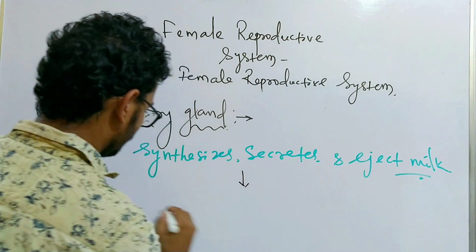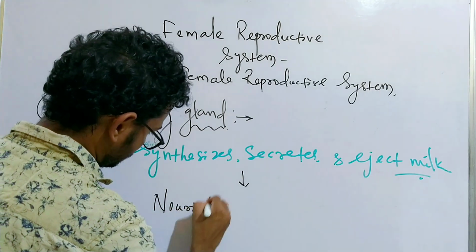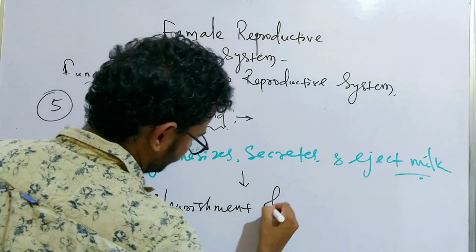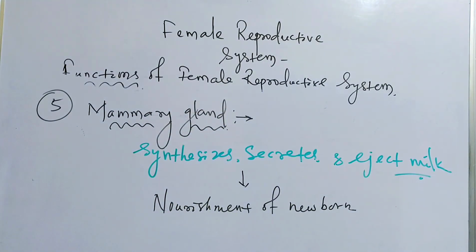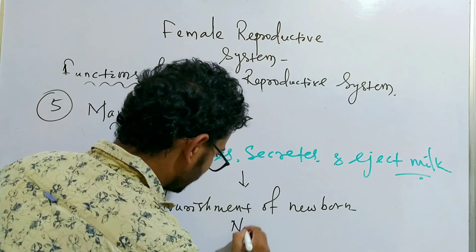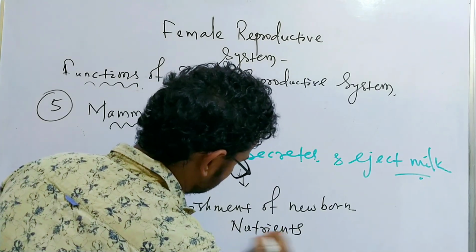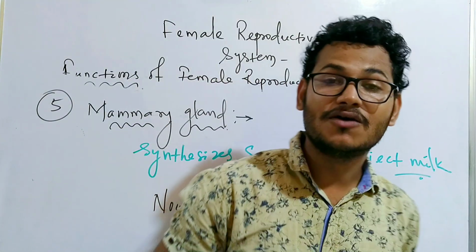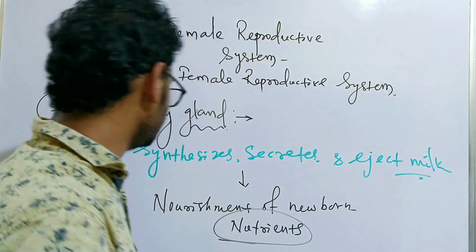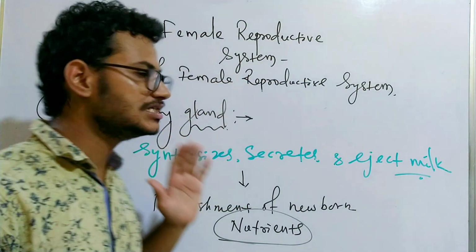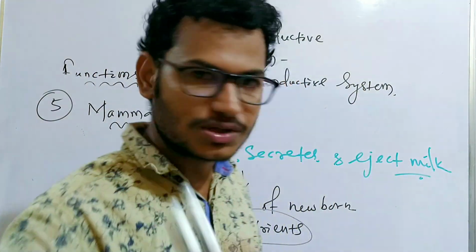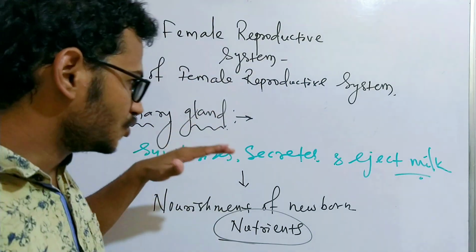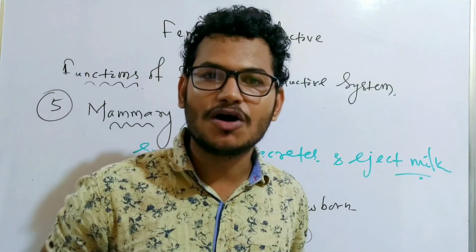Because it helps in the nourishment of the newborn. They provide the essential nutrients for the developing child. The milk secreted from the mother is the most essential nutrient for the child, without which the child may not develop normally.